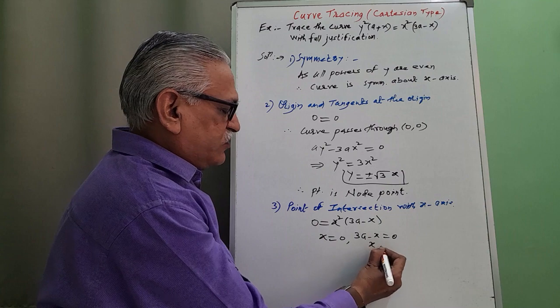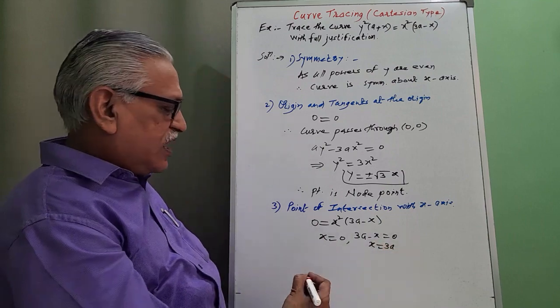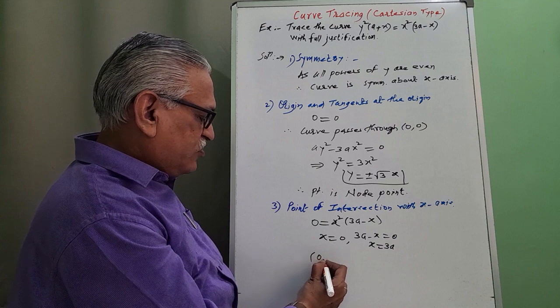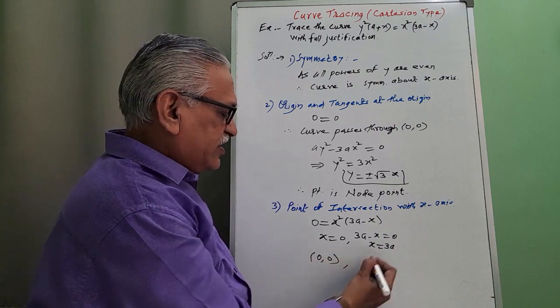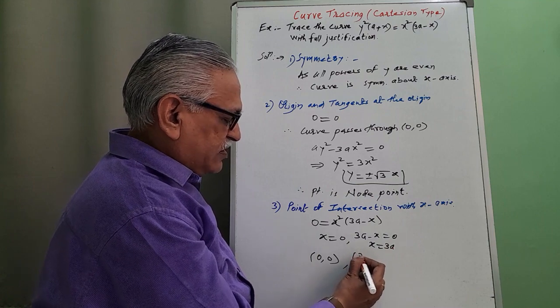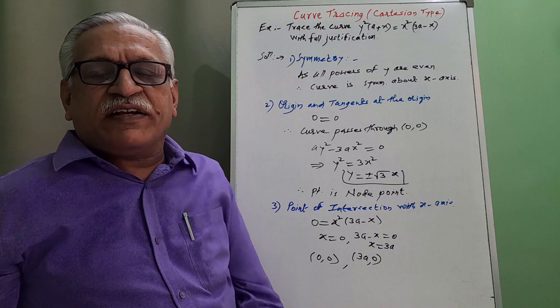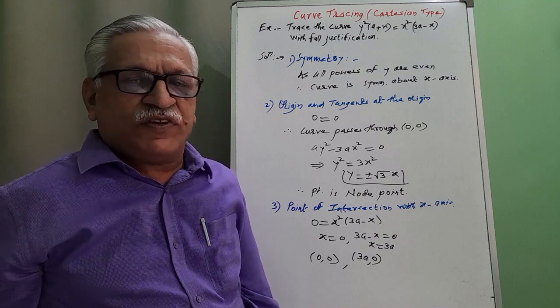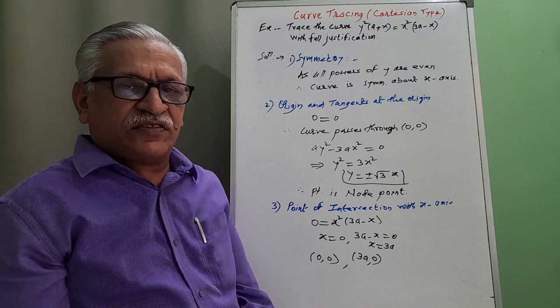From this we get x is equal to 3a, and therefore that points are x is 0 when y is 0. First point is origin 0, 0, and second one is x is 3a when y is 0. Therefore, we are getting two different points of intersection with x-axis.